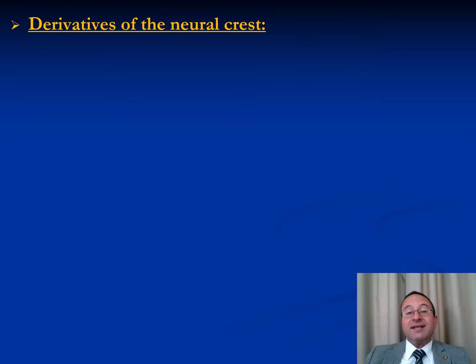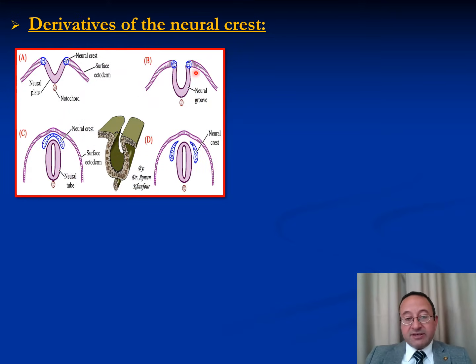Now we have reached the third type of derivatives, which is the derivatives of the neural crest cells. As we see here, the neural crest cells, it is the second part of the surface epithelium, which becomes detached and lie on each side of the neural tube. What occurs to these neural crest cells?